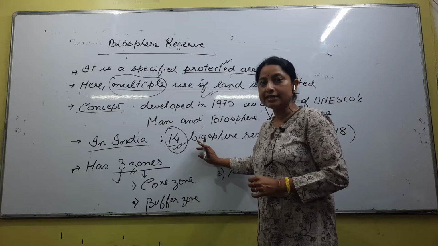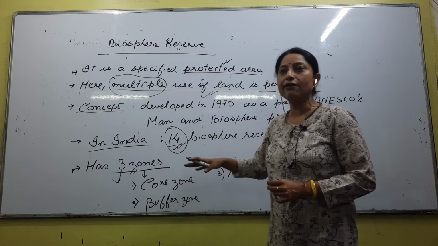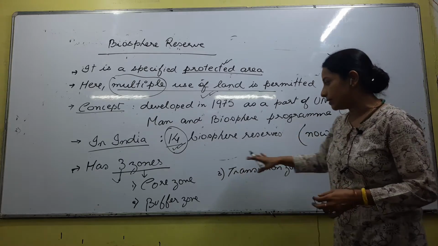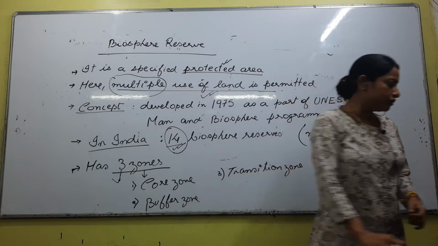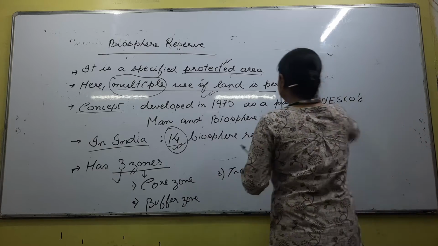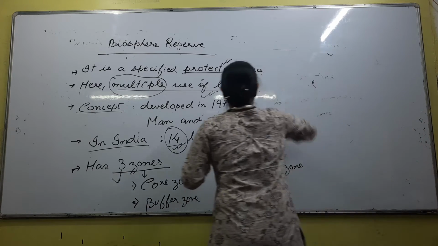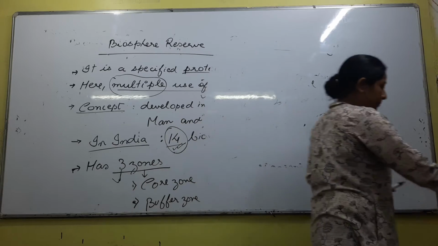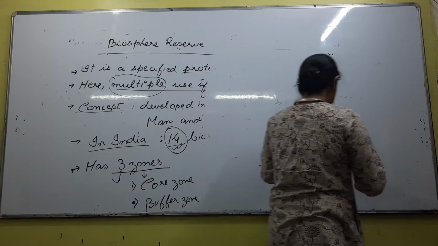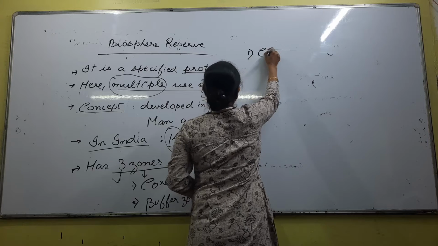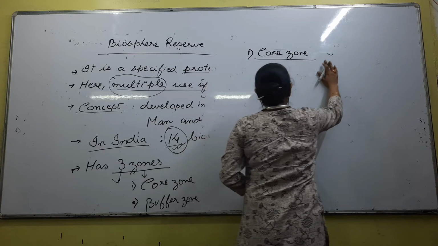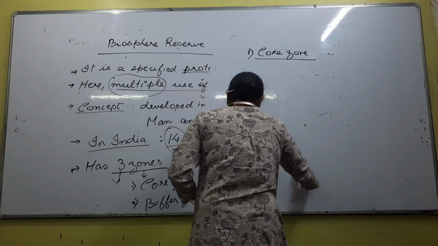If the question is asked what is the number of BRs, then you have to say that it's always 14. 18 is a different matter. Talking about these, write core zone, buffer zone or transition zone.